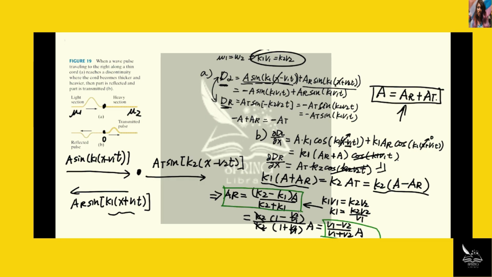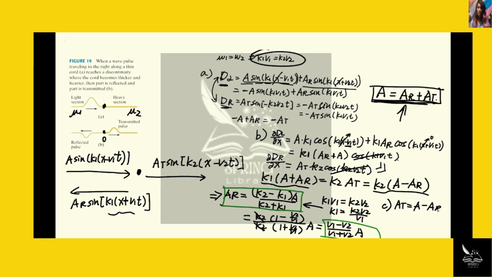The very last question asks us, what is A_T in terms of A? We already know that A equals A_R plus A_T, and we have A_R in terms of A. So in order to find A_T, we just have A_T equals A minus A_R.